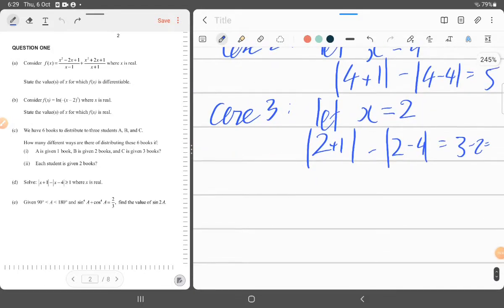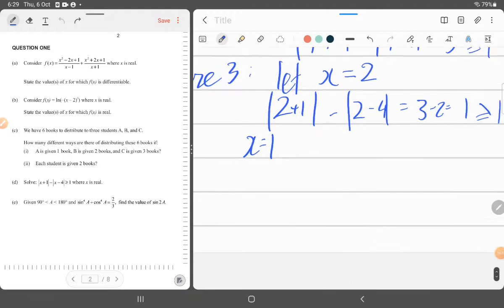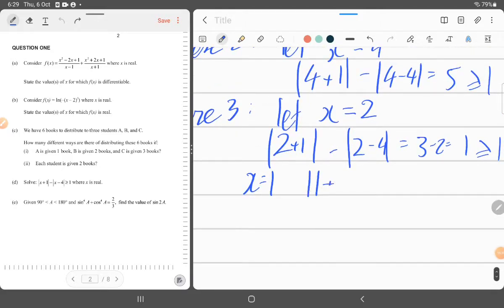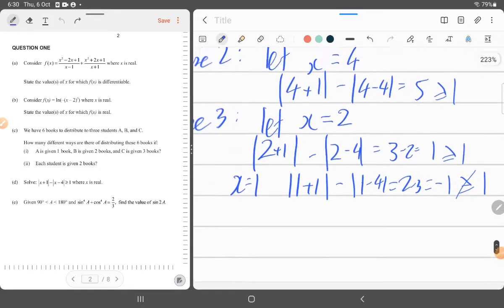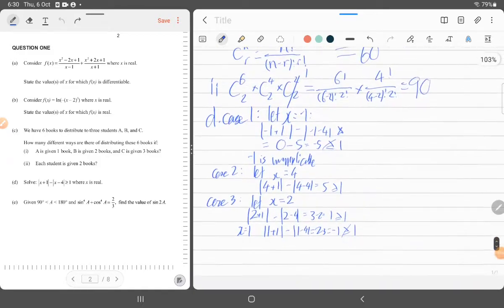And then we can test x equals 1, which is absolute value of 1 plus 1 take away absolute value of 1 take away 4, which is 2 take away 3, which is negative 1, which is not greater than or equal to 1.